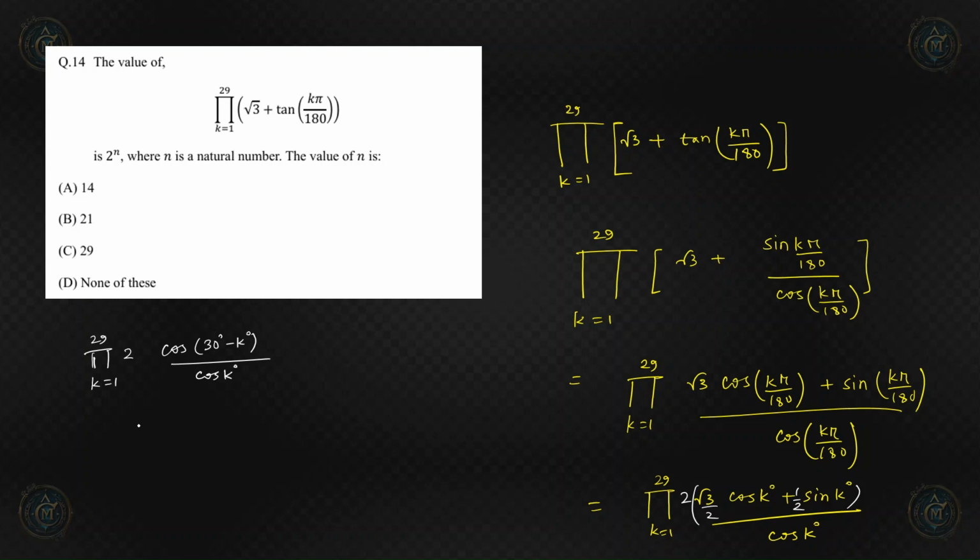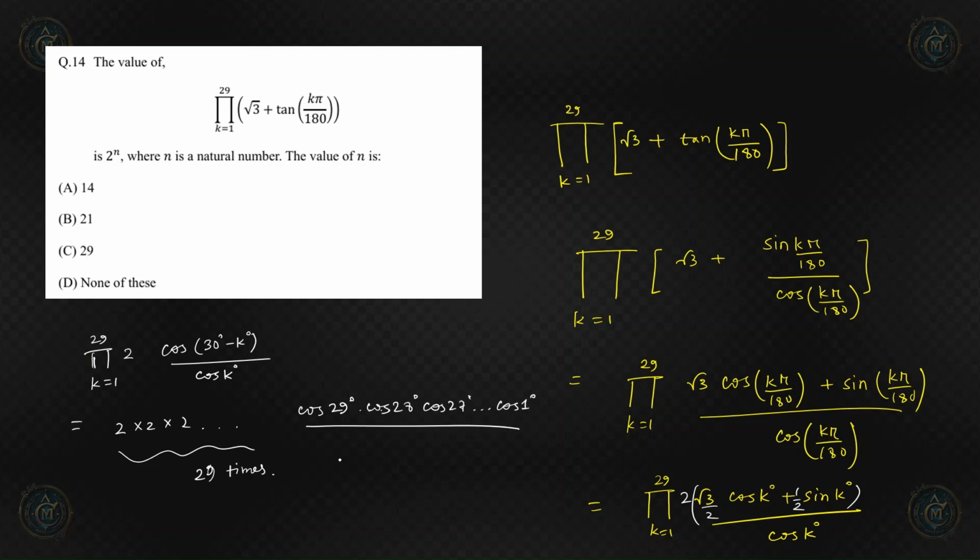Okay, now if we expand this we get 2 times 2 times 2, this as 29 times, right? And then we have this thing here. We put k equal to 1, we get cos 29 degree. Then we get cos 28 degree, cos 27 degree, so on up to cos 1 degree.